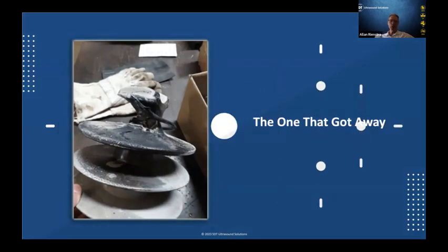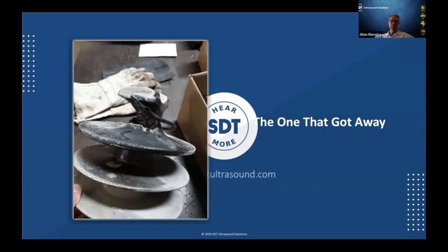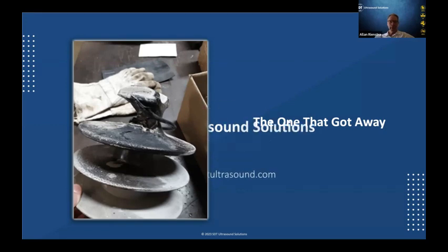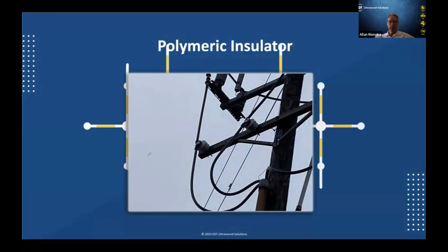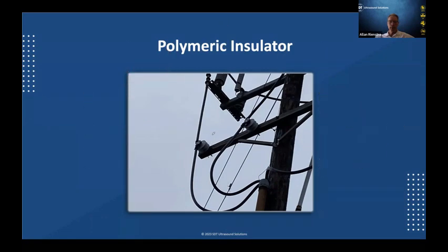Now, we always want to be perfect, but sometimes we miss something. So again, this is my friend Craig. He does a lot of polymeric insulation inspections, and here's one that he completely missed. He missed it with infrared, and he missed it with ultrasound. The point being that we don't always get everything right, but we try to. These polymeric insulators can wear out over time from the elements and weather, and when the insulation material starts to wear out, water can get into them.